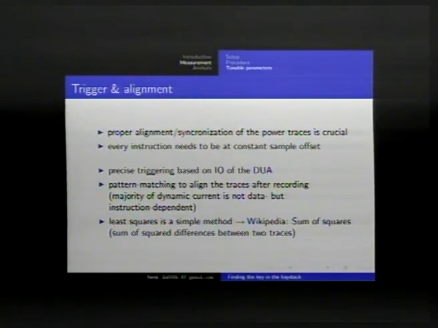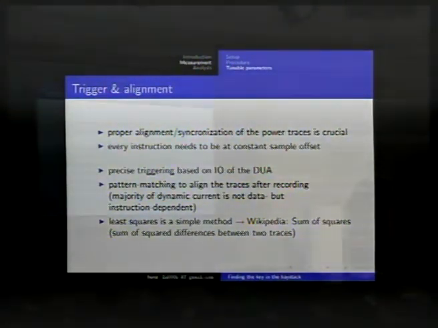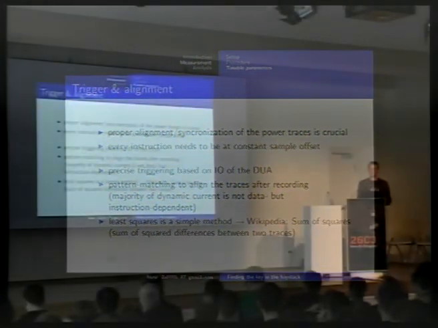And precise triggering, the first step is an external trigger source for the scope, depending on data or whatever you can use to generate this trigger. And the next step is pattern matching at the computer to align those traces after recording. The majority of the dynamic current we see in those traces here is not data, but instruction dependent.